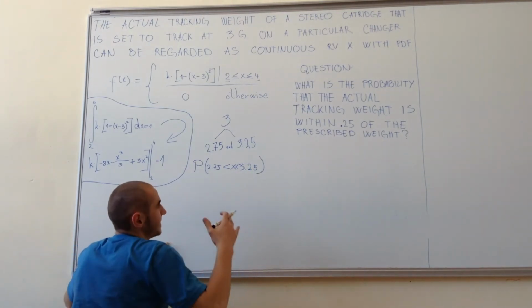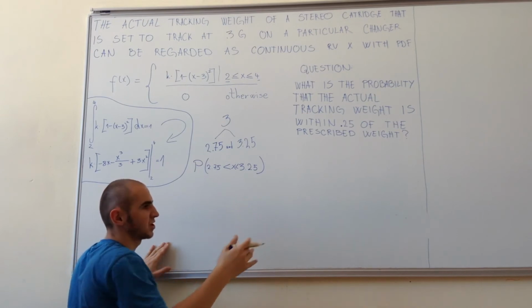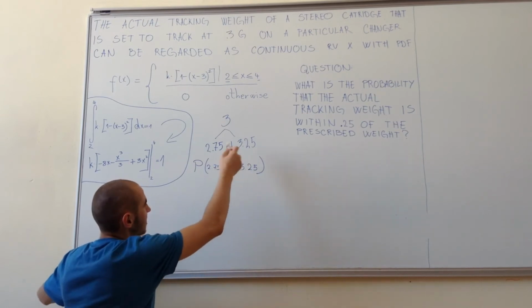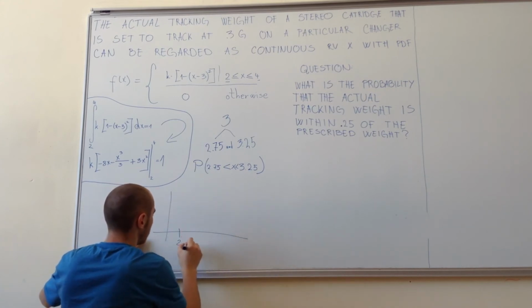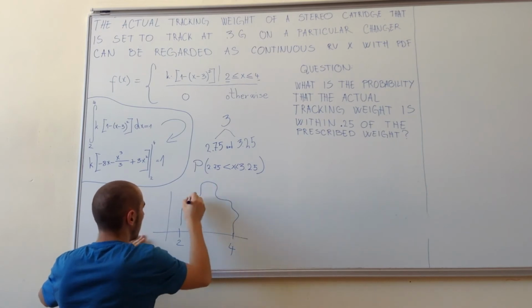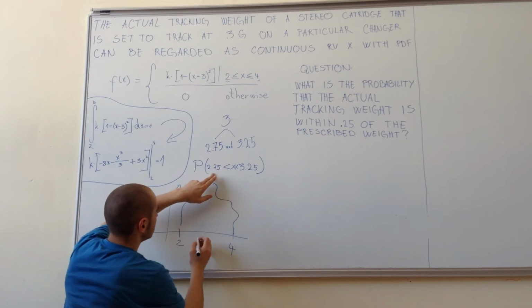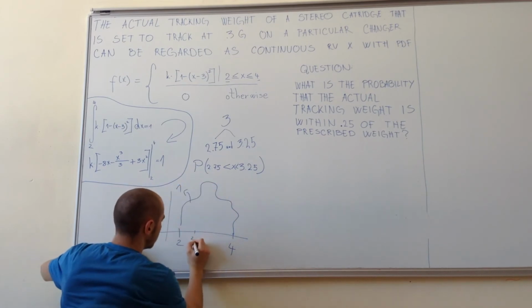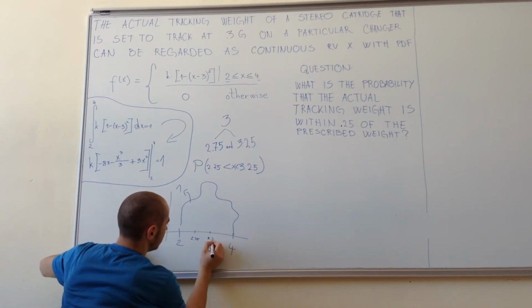Now, the solution is actually the same. We will just change these limits. If you remember our graph, we have 2 and 4, and the total area is 1, as you remember. Now we are looking for 2.75, let's say here, and 3.25, let's say here.